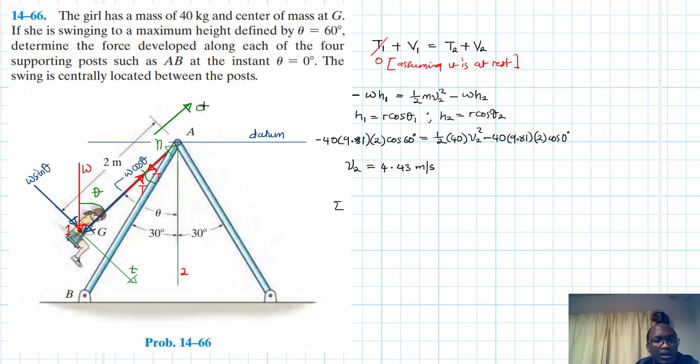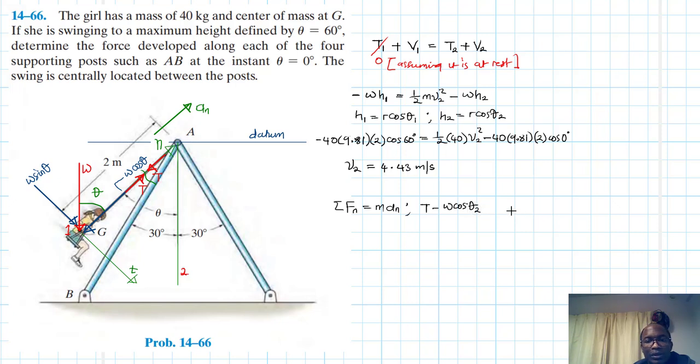This is our AN. So summation of forces along the N axis is just equal to m AN. And what do we have? We do have T minus W cos theta, and this theta here is theta 2.